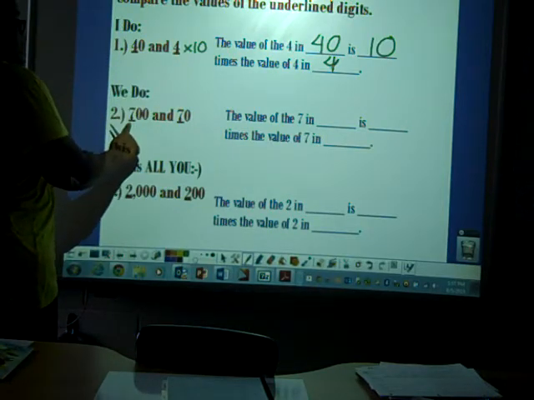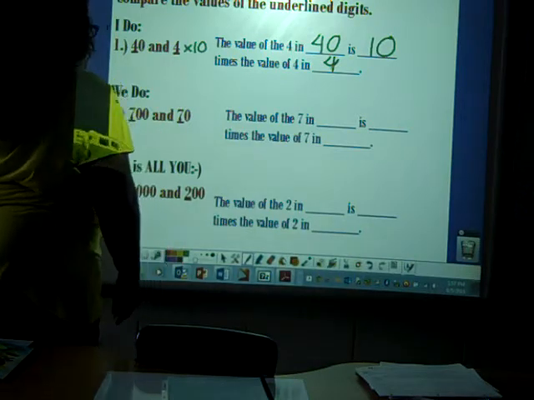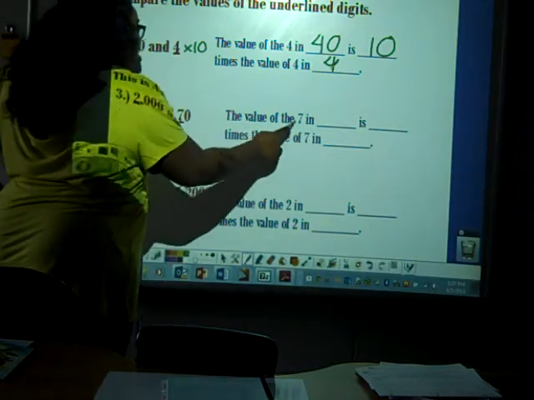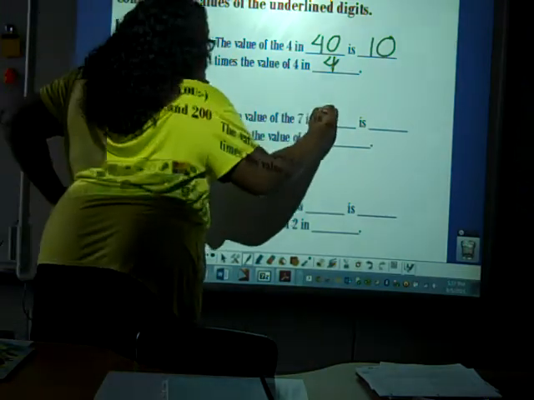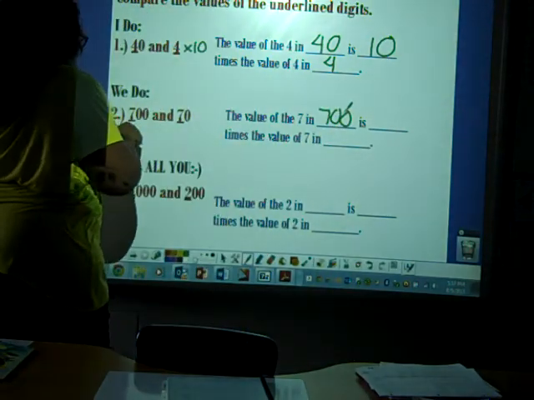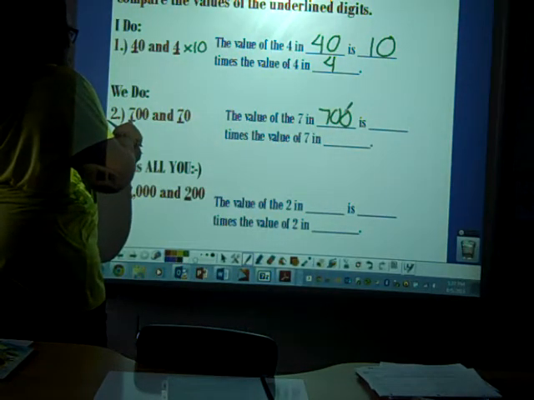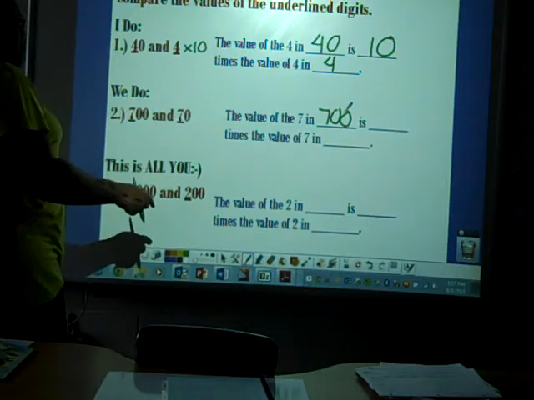We do 770. Now, the value of the 7 in 700, this 7 in 700 is how many times the value of the 7 here?